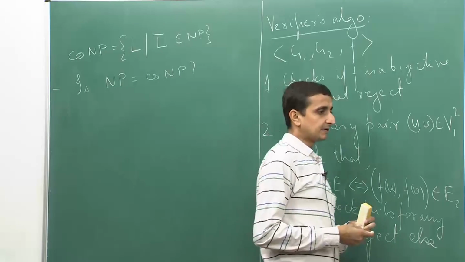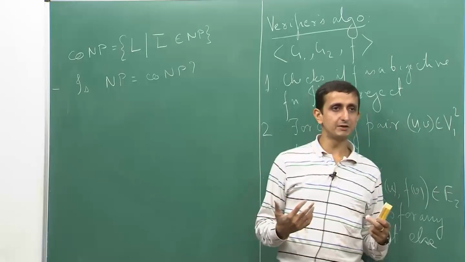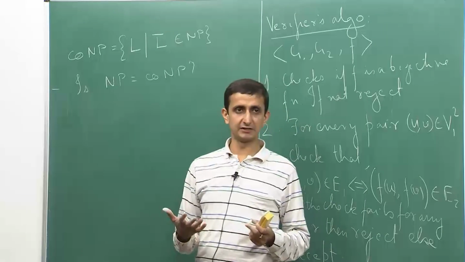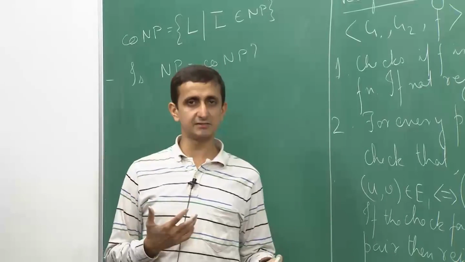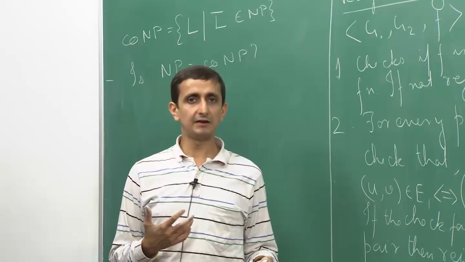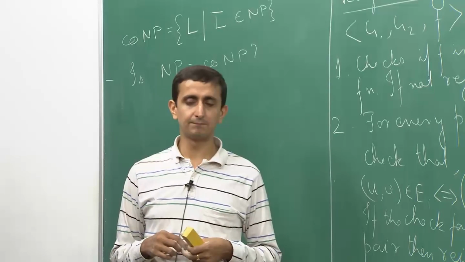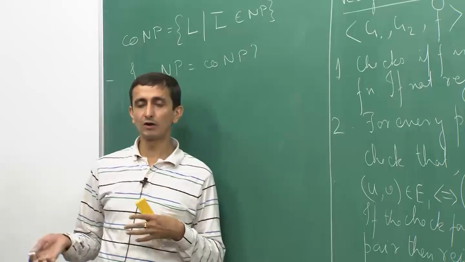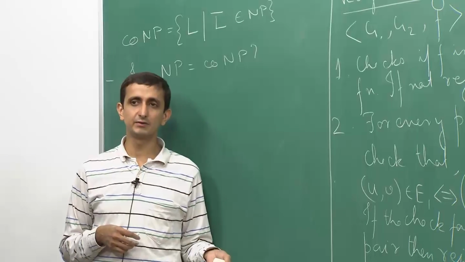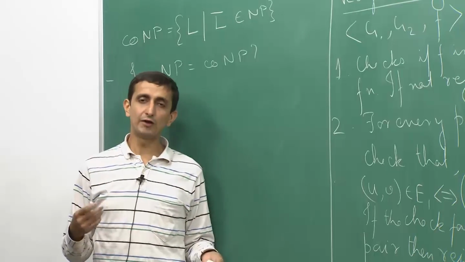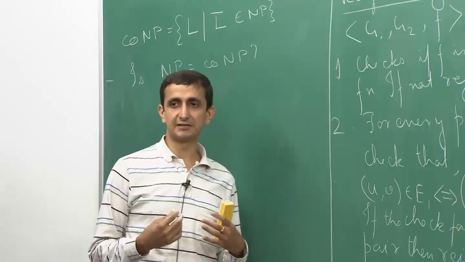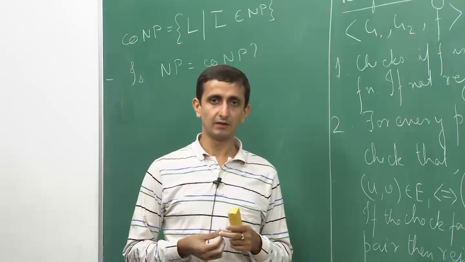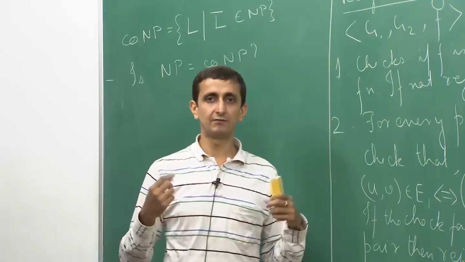So, observe that when we are talking about Turing machines, we argued that if I have a non-deterministic Turing machine, I can convert it into a deterministic Turing machine such that it accepts the same language. Okay. But if you recall, that algorithm to convert a non-deterministic Turing machine into a deterministic one essentially involved going over all configurations of the non-deterministic Turing machine. Okay. So, we were doing a BFS over the configuration graph, and the number of configurations can very well be exponential.